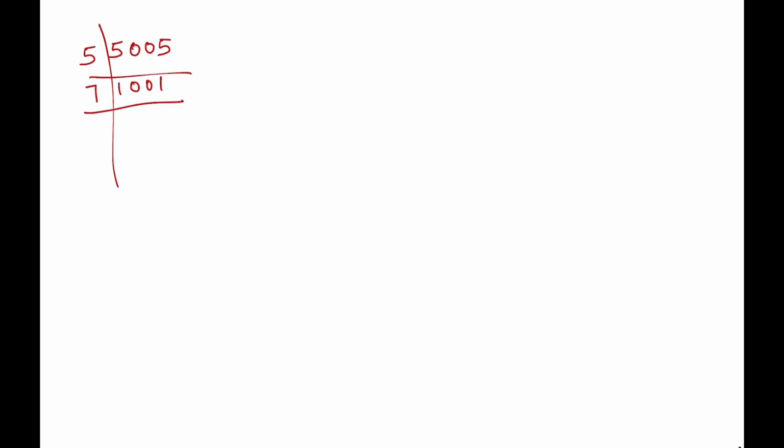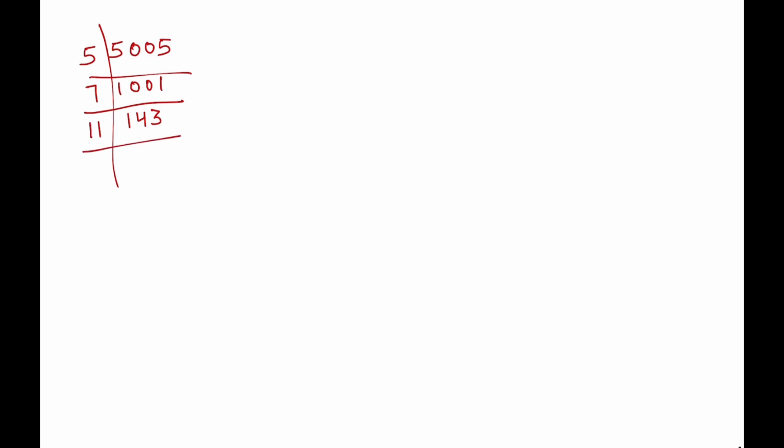So 7 ones are 7, 3 will be remainder, then it will become 30. 7 fours are 28, then 2 will be remainder, 21. So 7 threes are 21. So 143. We cannot divide it by 2, by 3, by 5, by 7, but we can divide it by 11.